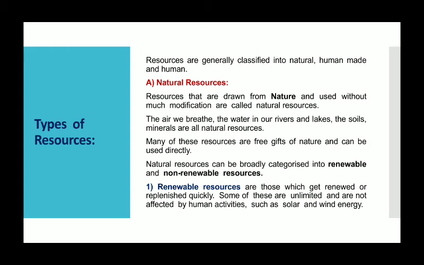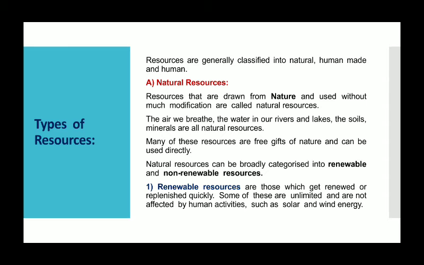Generally, there are two types of natural resources. One category is called renewable resources, and second one is called non-renewable resources. What are renewable resources? Renewable resources are those which get renewed or replenished quickly. Some of these are unlimited and are not affected by human activities, such as solar and wind energy, which are unlimited, which can be used for so many things.